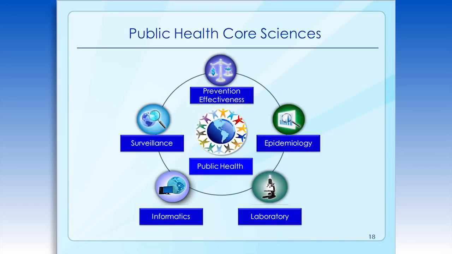Prevention effectiveness studies provide important economic information to decision makers to help them compare interventions and then choose one to implement. So together, these 5 core sciences can help us protect and promote the public's health by giving public health practitioners the answers that they need. Public health is better able to respond to a given situation or problem by using contributions from each of these sciences.